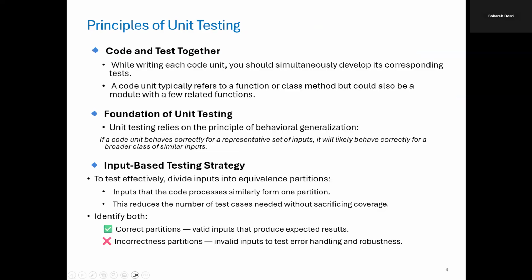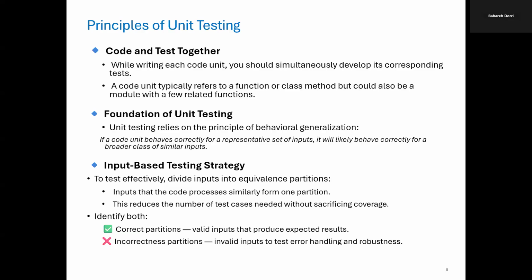Let's break down how unit testing actually works while we are writing code. So here is the idea. Every time you write a function or method, something with a clear responsibility, you should also be thinking, how will I test this? You don't want to test every single possible input. That's not practical.